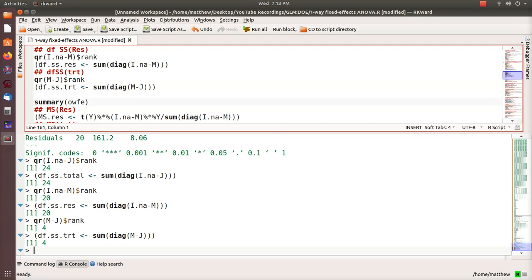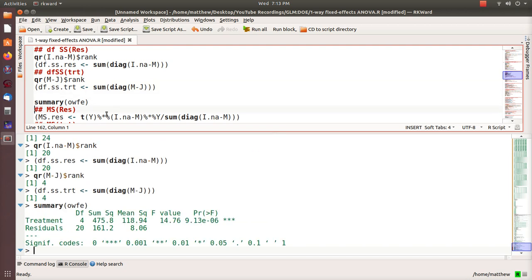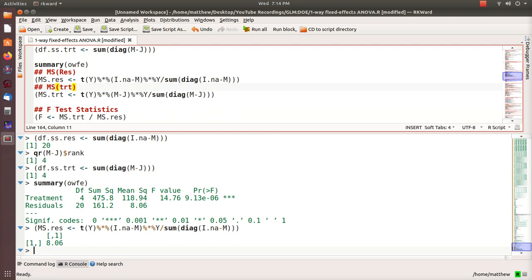Now I'm going to reprint the R command there, and let's calculate the mean squared error and mean squared treatment, which is the sum of squares divided by its degrees of freedom. So here we take the sum of squares divided by the degrees of freedom, and we get 8.06, which is exactly the mean squared error, or mean squared residual.